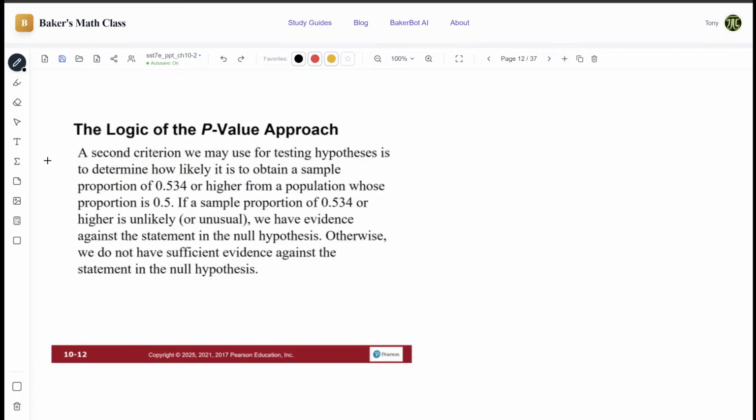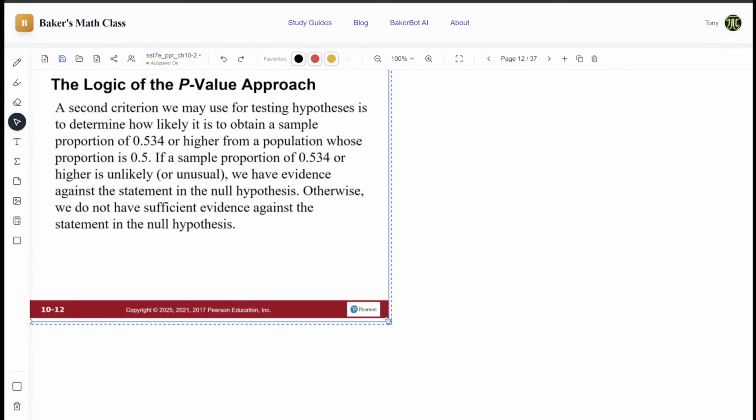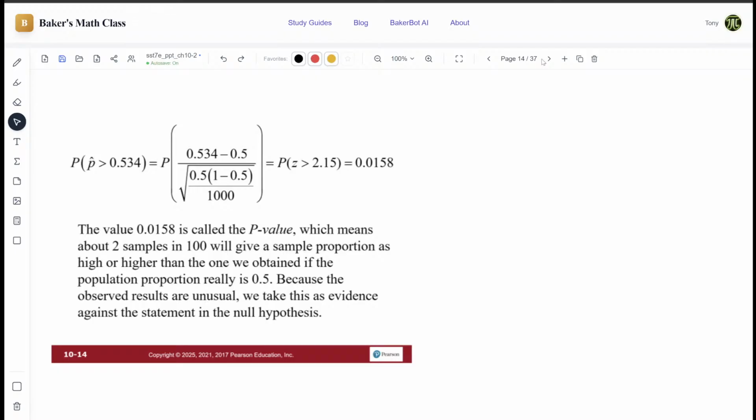The other way you can look at it is with the p-value. So the p-value is comparing it to the percent in that section. So again, we're still looking at where it falls. Okay, that's not going to actually change.